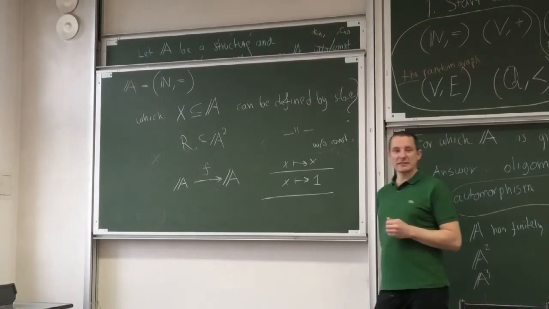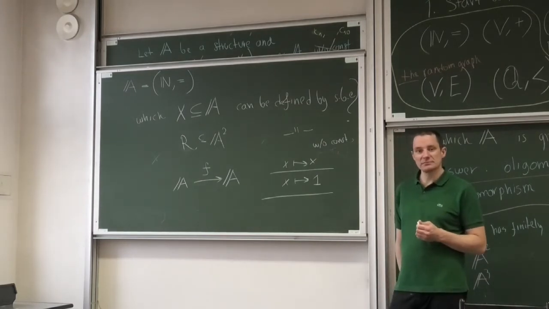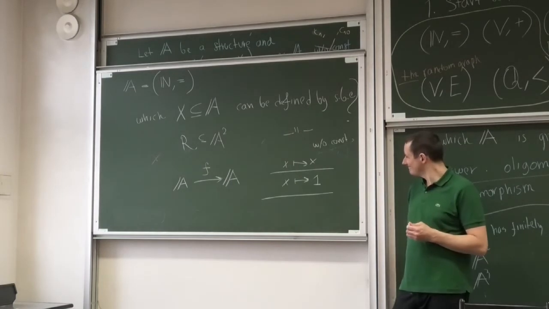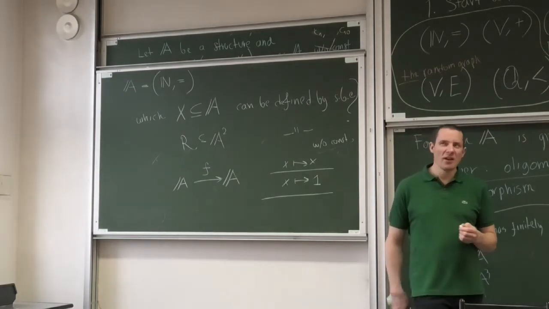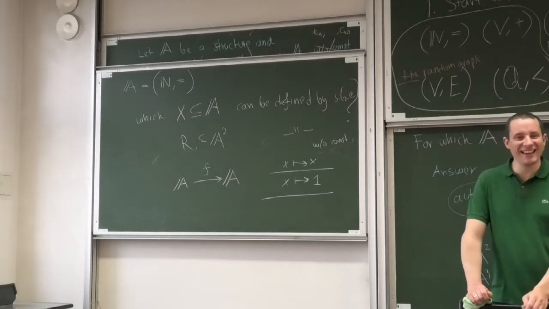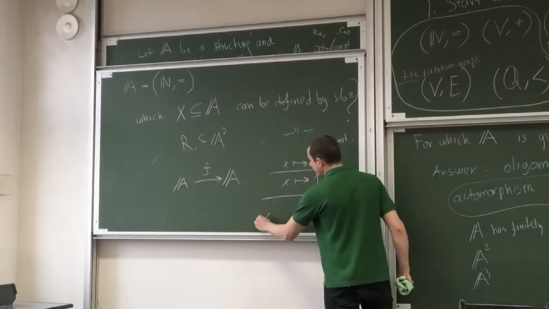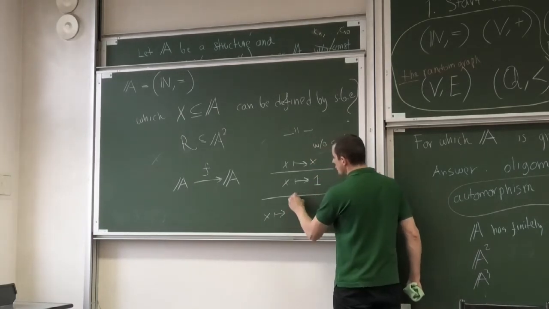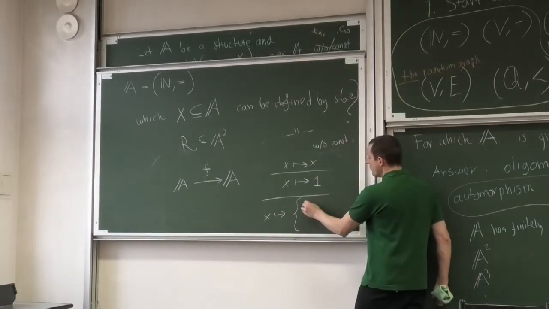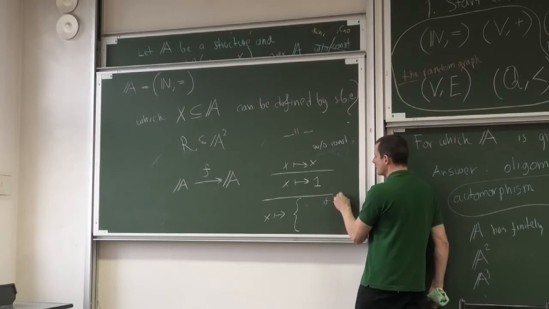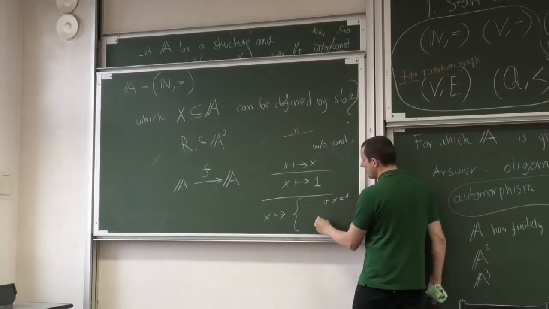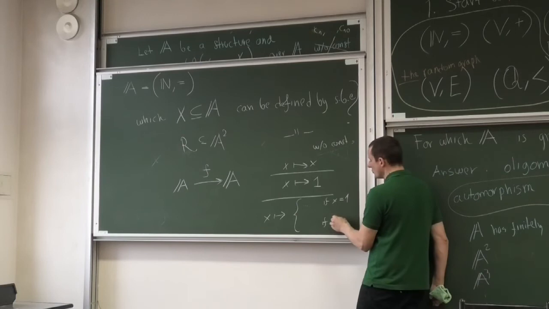So, but what's an example? Is equal to 1. Well, actually, you're right. I think that's it. Because in general, you could imagine a function which goes like x goes to something if x equals 1, and something else if x not equals to 1.